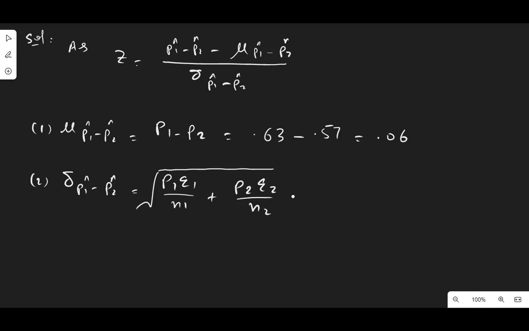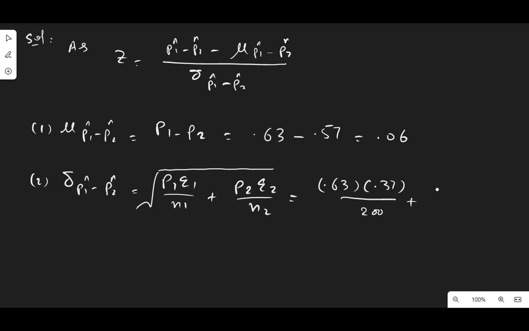Now we have to calculate these values. Since P1 is 63%, Q1 is definitely 37%, divided by N1 equal to 200.